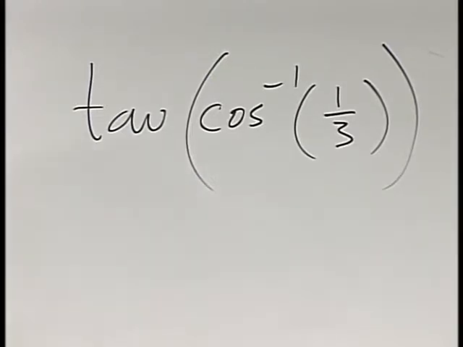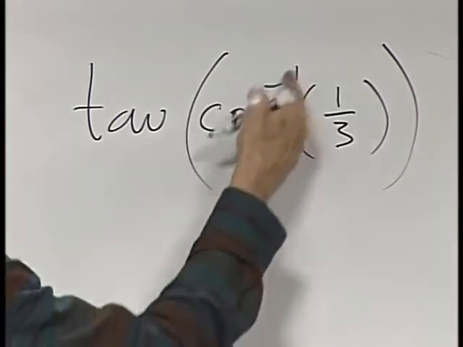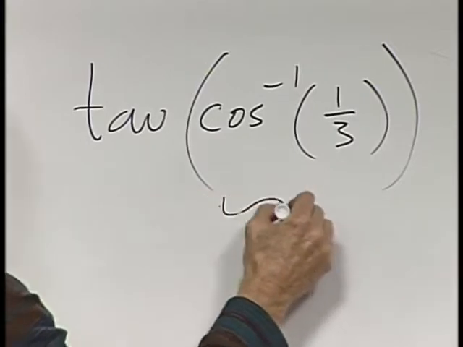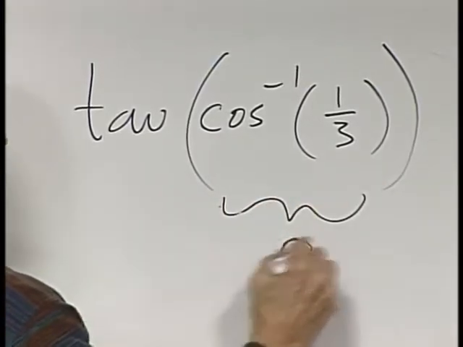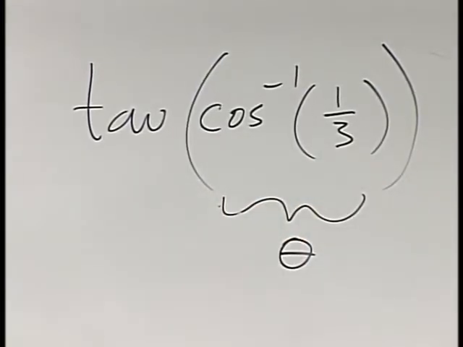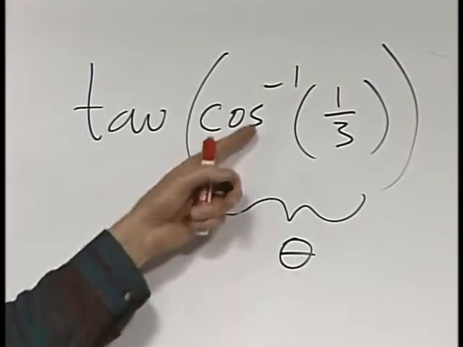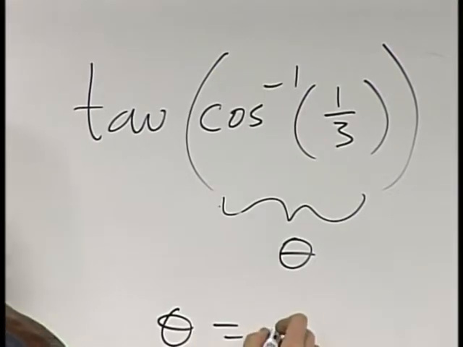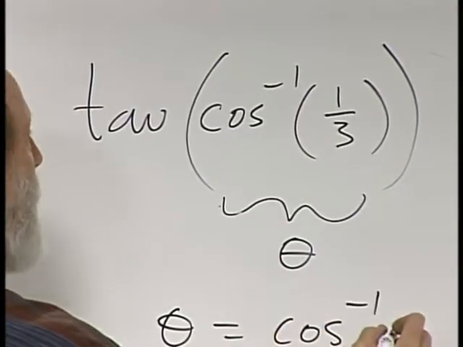So, we have to work this from the inside out. This inverse cosine in here is an angle, isn't it? That's an angle. So when I'm stuck on something, I usually try to write it in a different way. We know that theta inside there is the inverse cosine of 1/3.